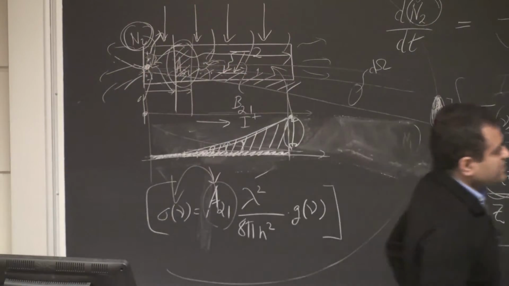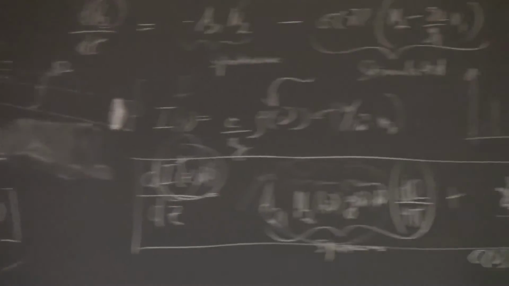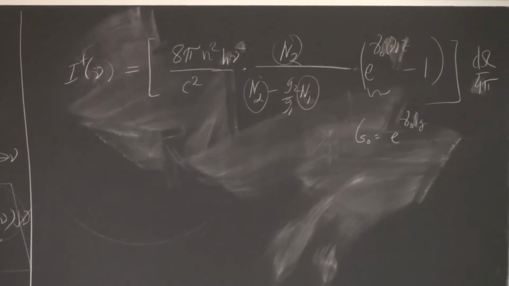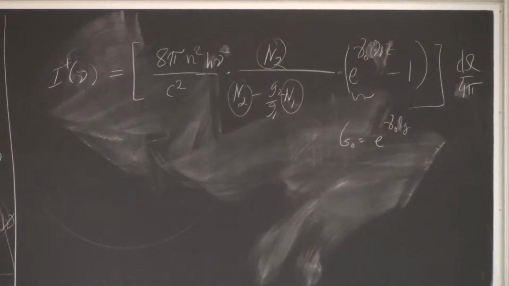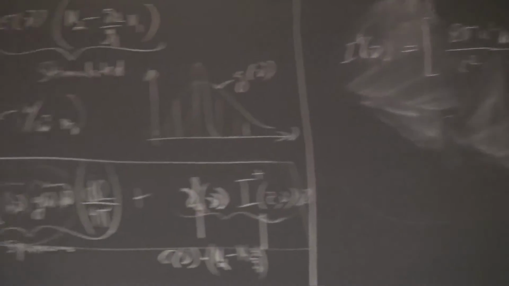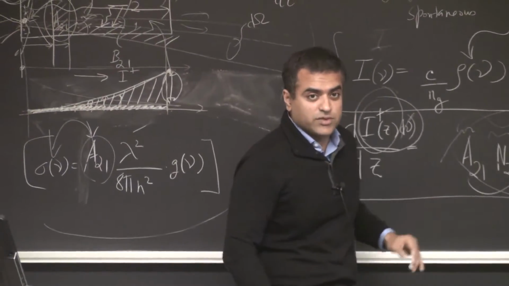Now, it turns out that this derivation does not require your gain medium to be under population inversion. It's valid for all cases, even if N2 and N1 don't have population inversion.